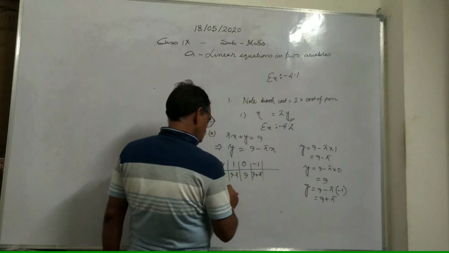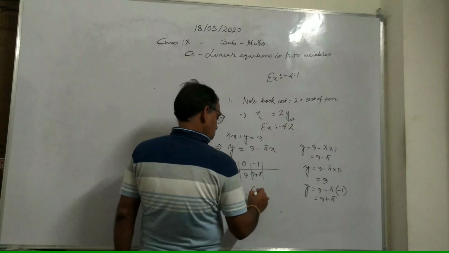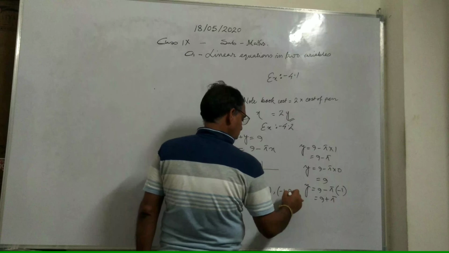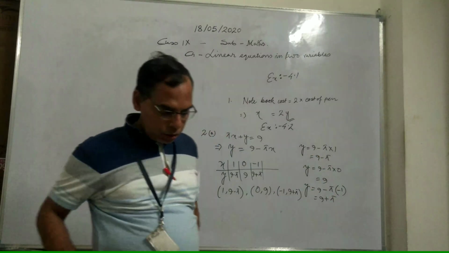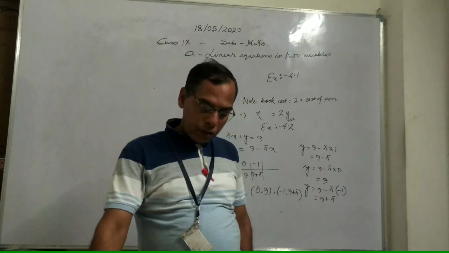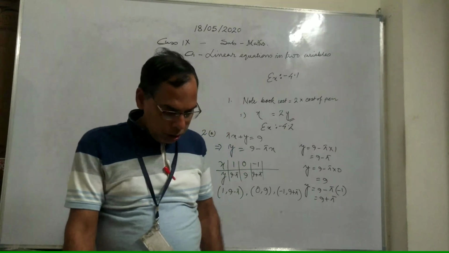So what is the solution? 1 comma 9 minus pi, 0 comma 9, and minus 1 comma 9 plus pi.